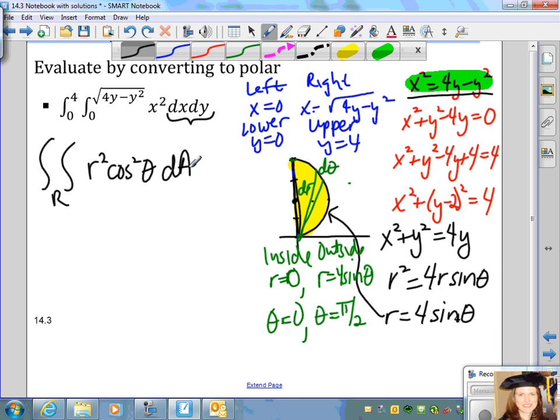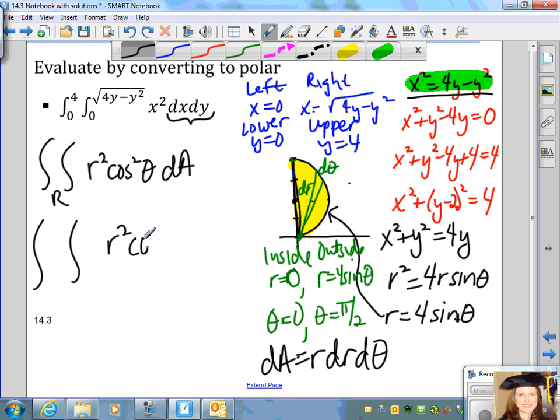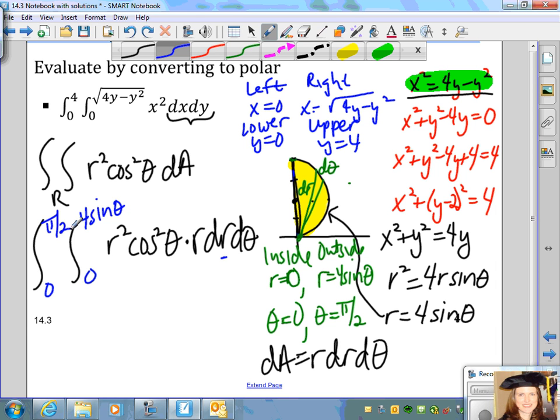Remember, differential area in polar is going to be r dr d theta when the graph is r simple like we have here. So it's going to be in the form of r squared cosine squared theta times r dr d theta. Our inside bounds are for r, and r goes from 0 to 4 sine theta. Our outside bounds are for theta, and theta goes from 0 to pi over 2.